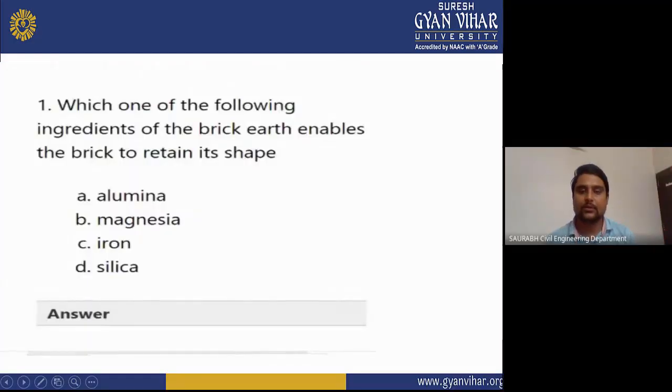Now we will see the MCQs, and there is the first question. Which one of the following ingredients of brick earth enables the brick to retain its shape?